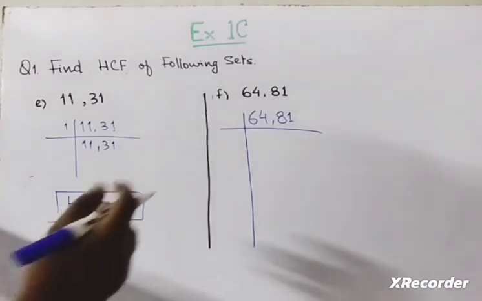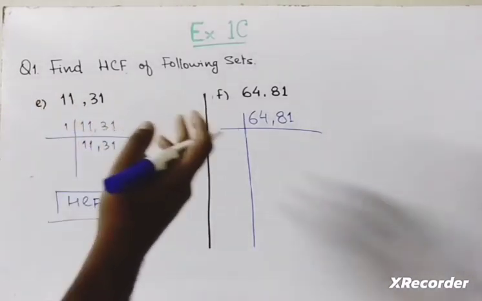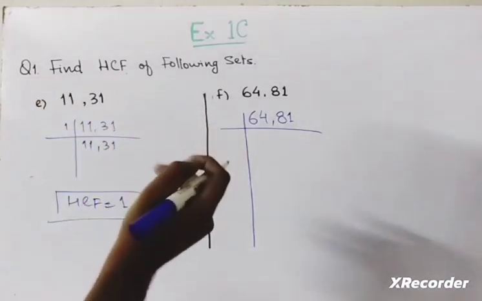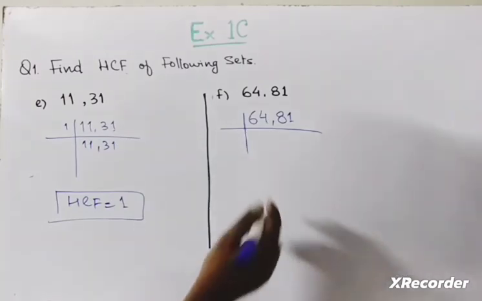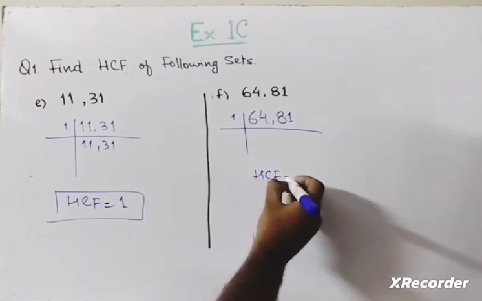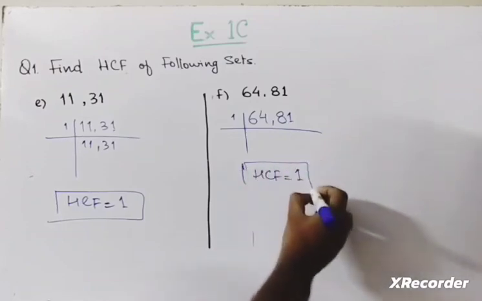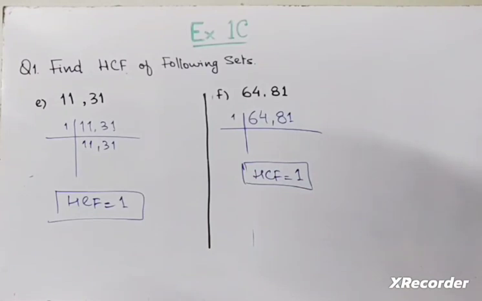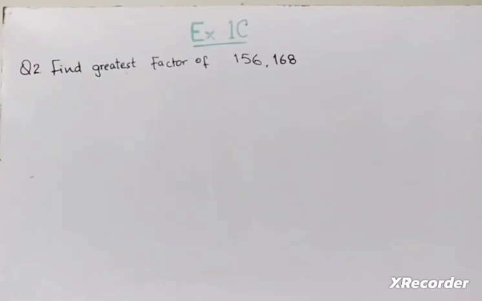There is no common number that divides 64 and 81, so its answer is also 1. In HCF we have to find the common factors, but there is none other than 1, so 1 is our answer.